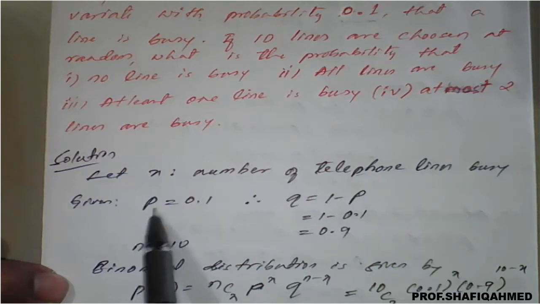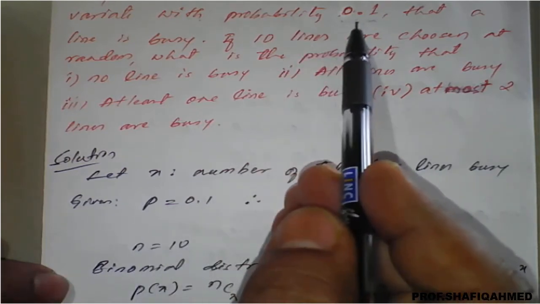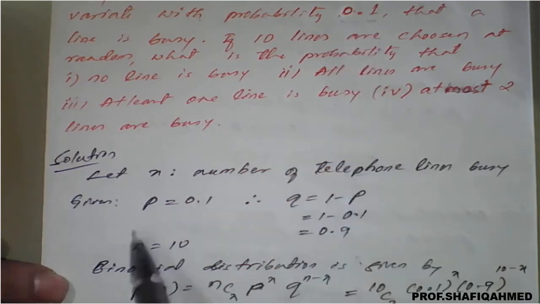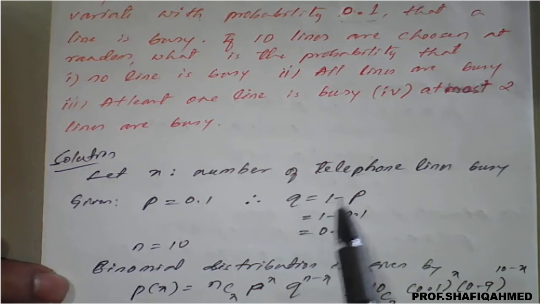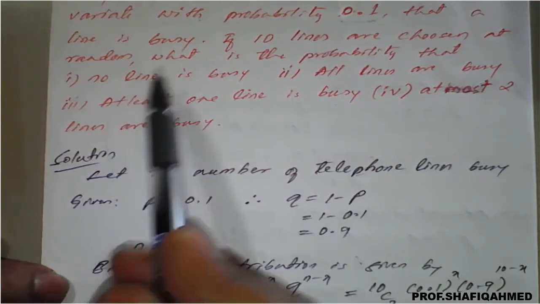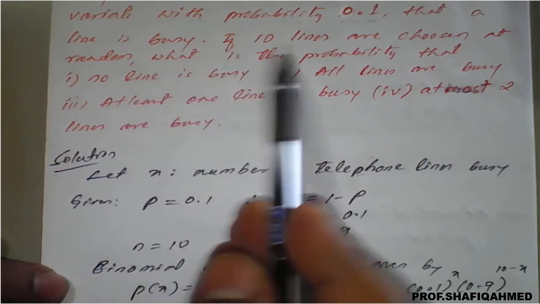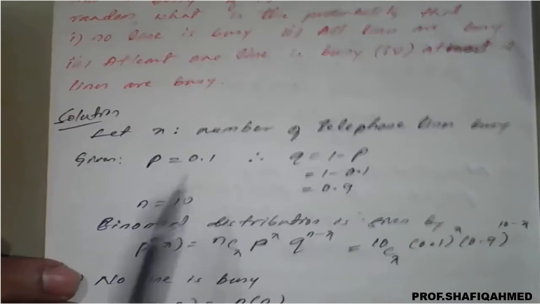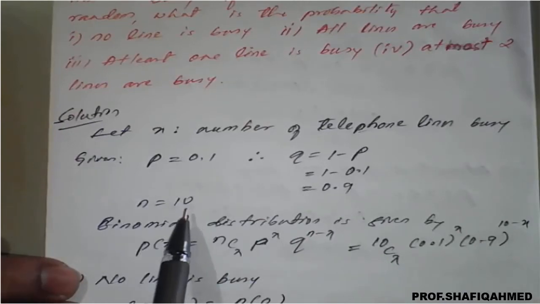Okay, so they have given the probability of a line being busy by using the binomial variate as 0.1, so p is 0.1. By using the formula q is equal to 1 minus p, you calculate the value of q. And as they have said, how many lines have they chosen? They have chosen 10 lines, so the value of n will be 10.